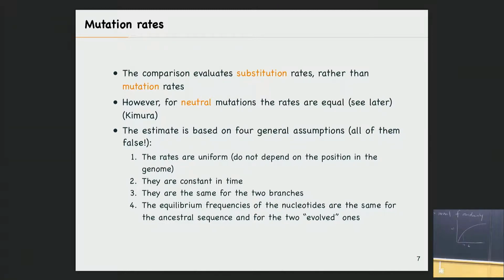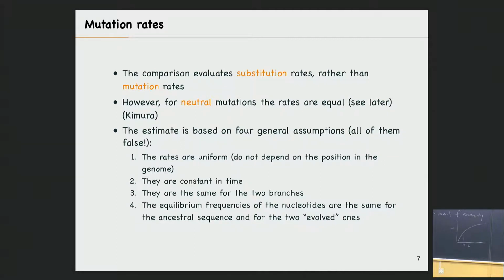Because there is an important result that says that if you look at neutral mutations, then the rate of substitution is the same as the rate of mutation. So this is a second caveat you have when you interpret a mutation rate. And now the estimates that are usually done to get at the background mutation rate are based on these four general assumptions, and I just want to stress that all these assumptions are false, but of course they can be qualified. So the rates of mutations are uniform.